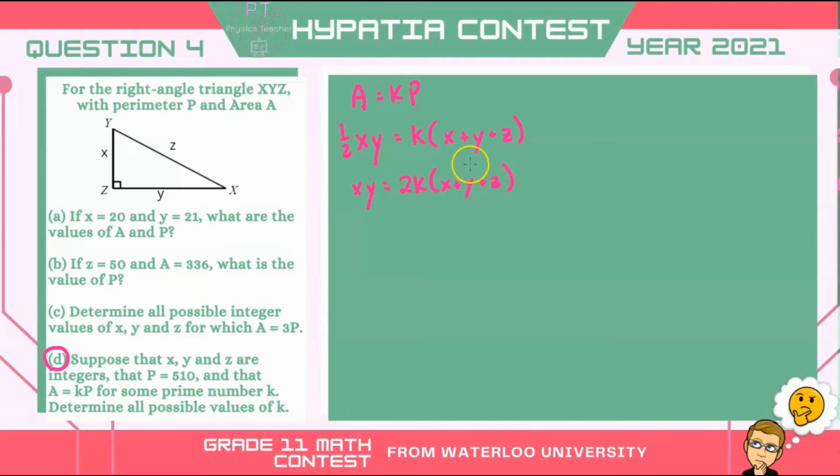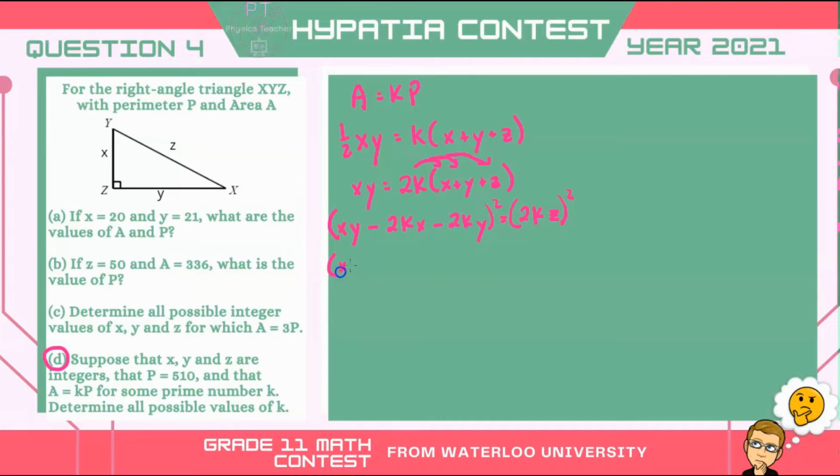Then, just as in part C, I'm going to distribute this 2k, and then I'm going to bring my x and y terms to the other side of the equation. So I'm left with xy minus 2kx minus 2ky, and then on the right side of the equation I have 2kz. Then we're going to square both sides. And just as in part C, this is where it's going to get messy. So let's expand this trinomial here, all squared.